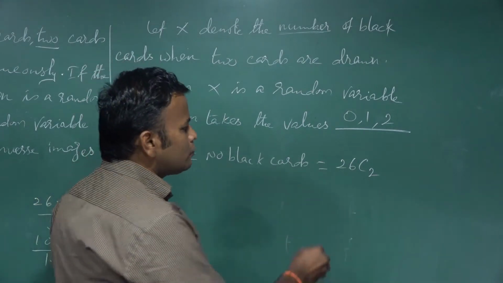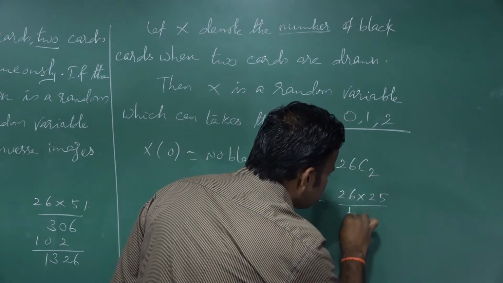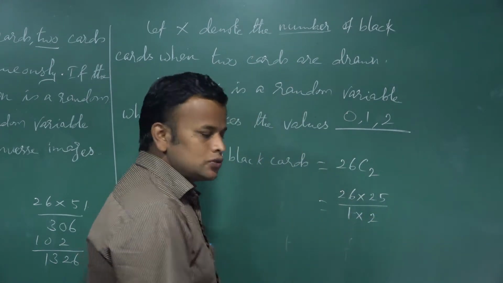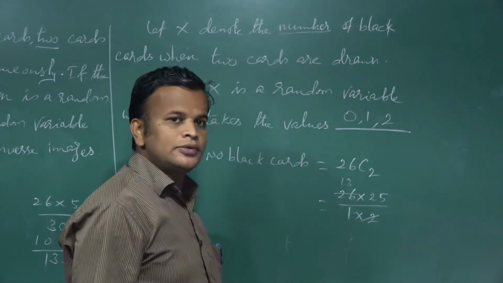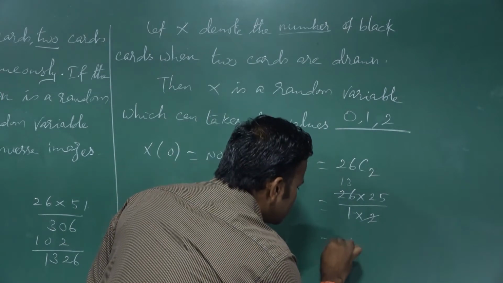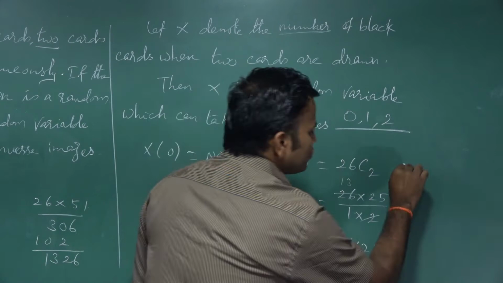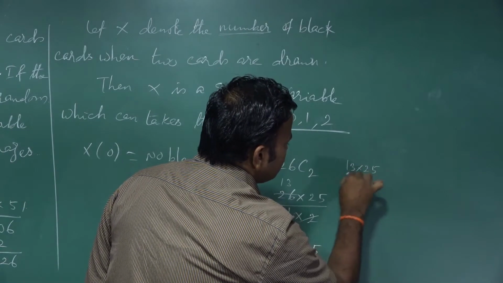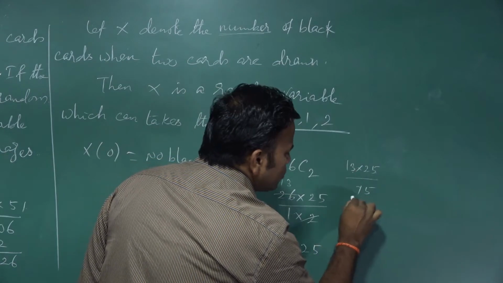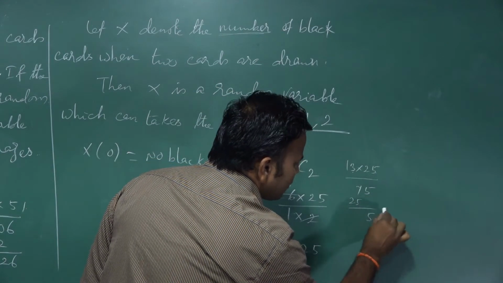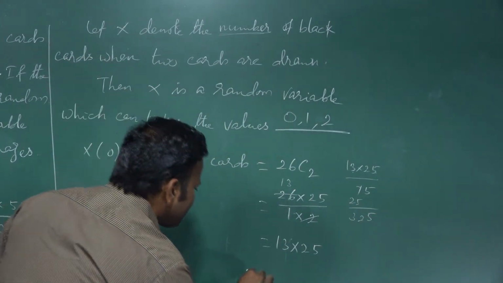Now we find the value of 26C2. 26 into 25 by 1 into 2. We cancel here, so 13 times 25. 3 fives are 15, 5 carry 1. 1 two is 2, 1 one is 1, 2 plus 1 is 3. So 325.